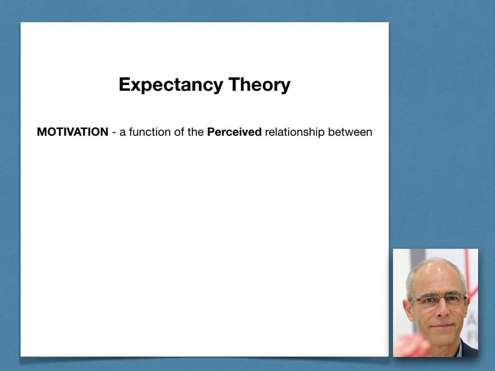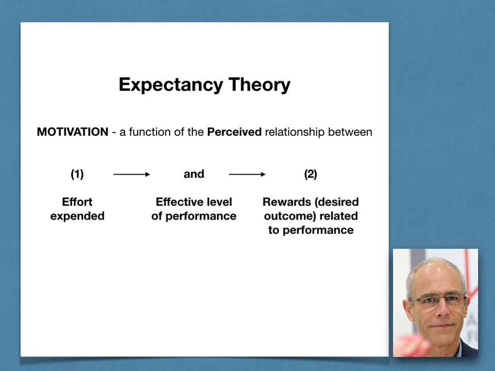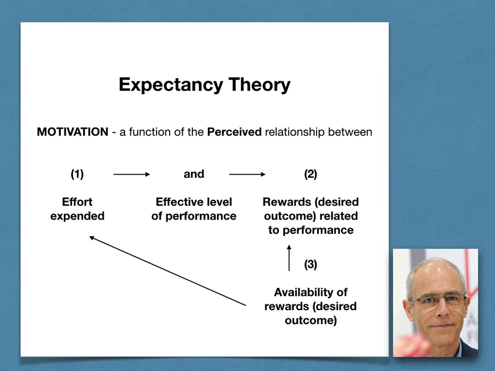Motivation is the function of the relationship between the effort expended and perceived level of performance and the expectation that rewards, that's the desired outcomes, the things that people would like, will be related to performance. However, there must also be the expectation that those rewards, those desired outcomes, are actually available. These relationships determine the strength of the motivational link.